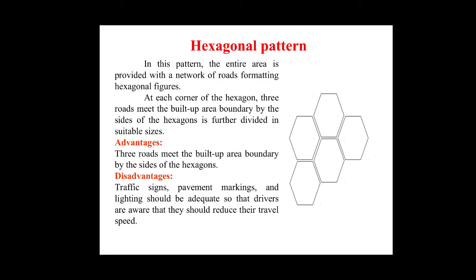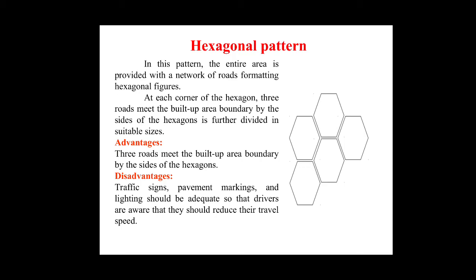Next is the hexagonal pattern. In this pattern, the entire area is provided with a network of roads forming hexagonal figures, as you can see from the figure. And at each corner of the hexagon, three roads meet.